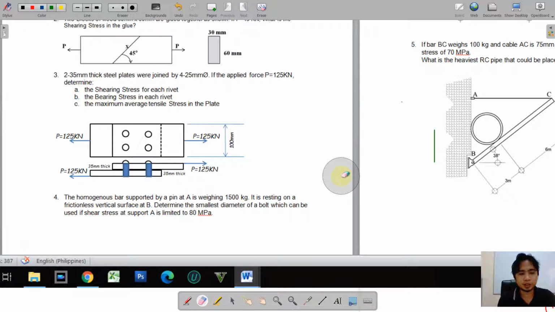So in this case, we have a uniform distribution wherein 125 will be just carried equally by the four rivets. So by that, we're going to label the forces in each of those rivets, equally divided. So meaning each of the rivets will carry a certain loading.